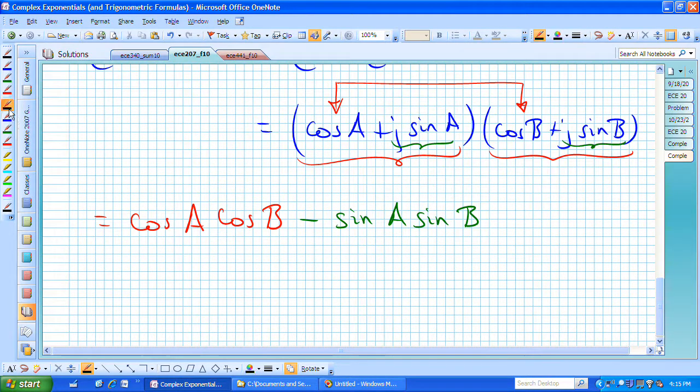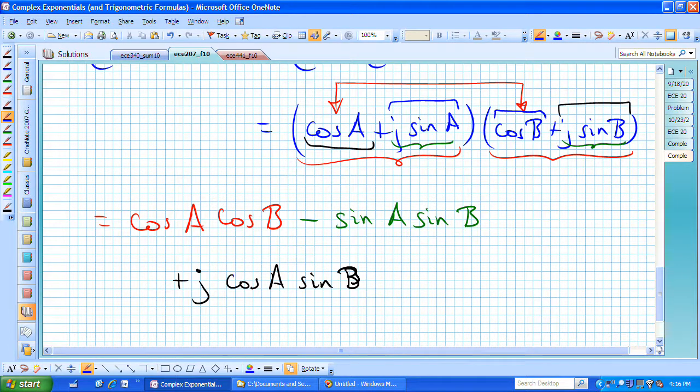We can now look at cosine of a times j sine of b, and that's scaled by j, so that we now have j cosine a sine b, and we also have remaining this additional piece, which is going to be j sine of a times cosine of b, and again that gets multiplied by j, so that we now have plus sine a cosine b.